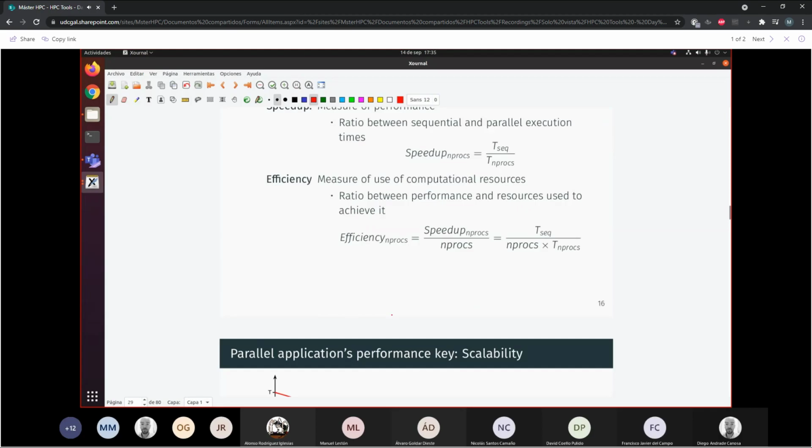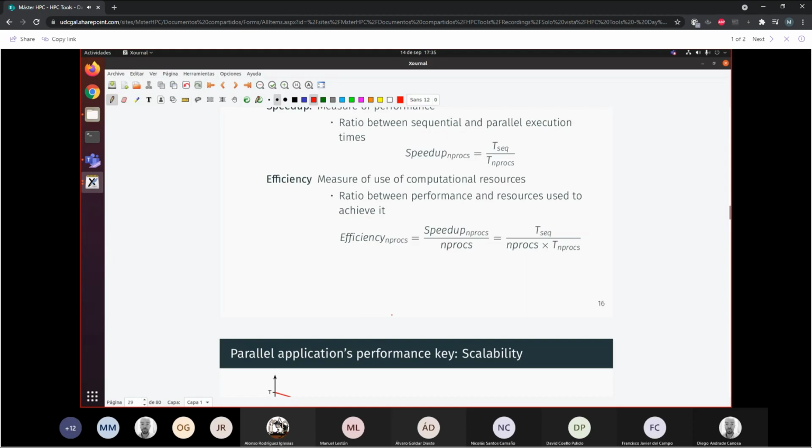So if the time in one node is 100, if you use 2 cores, you will expect to have a time which will be half, the time divided by 2, okay? Because you have 2 cores collaborating in the computation. If that happens, the efficiency is perfect, okay? So this value that you are going to calculate here is perfect.